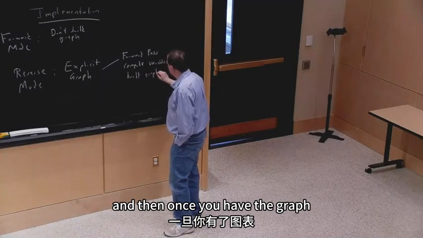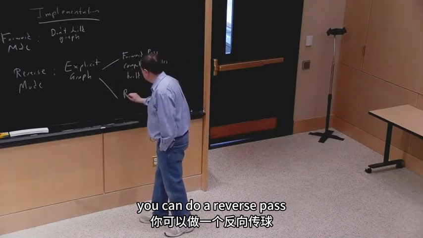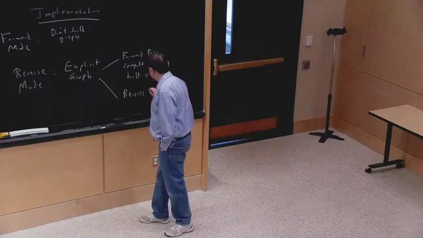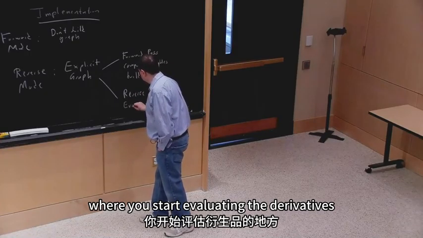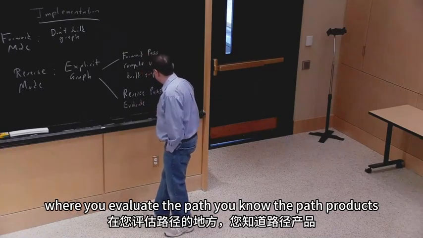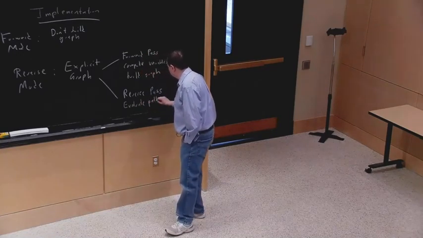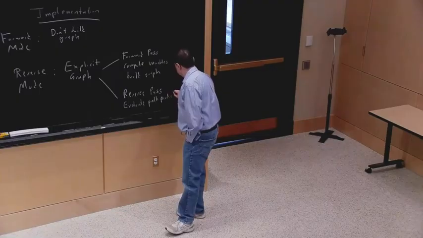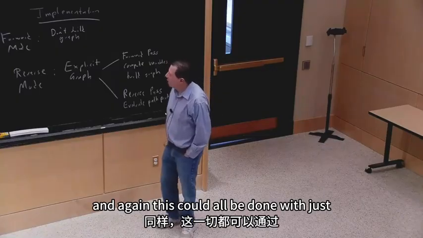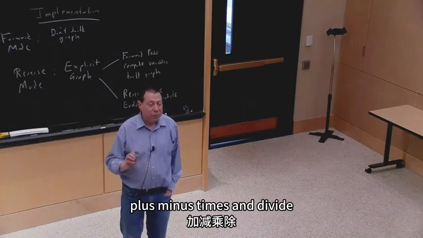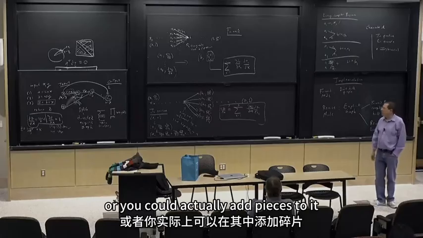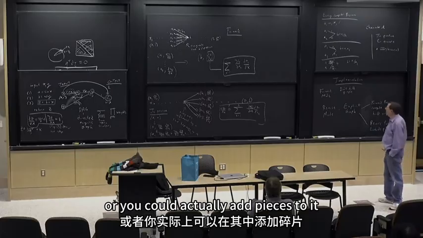And then once you have the graph, you can do a reverse pass where you start evaluating the derivatives, where you evaluate the path products. Okay. And again, this too could also just be done with plus, minus, times, and divide. Or you could actually add pieces to it.